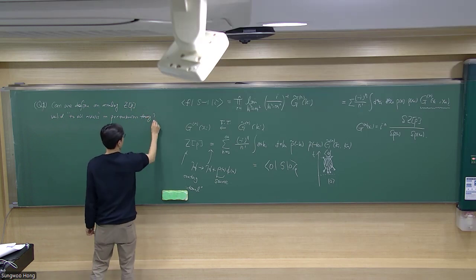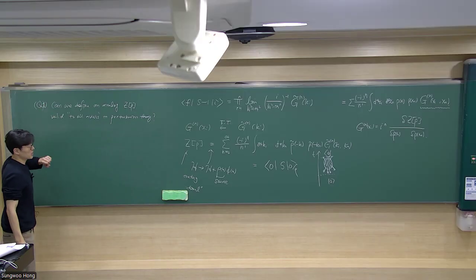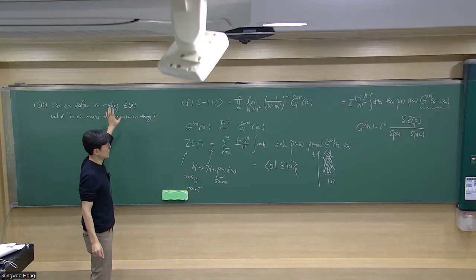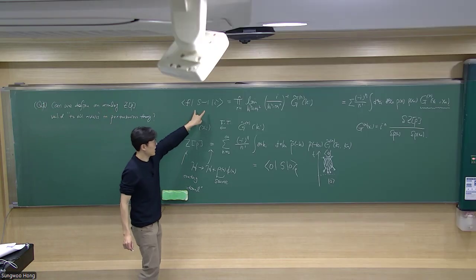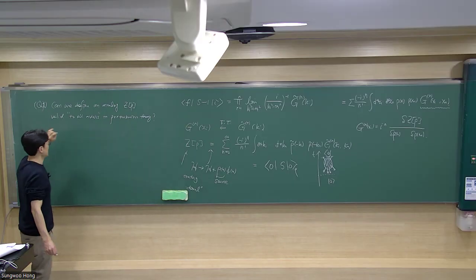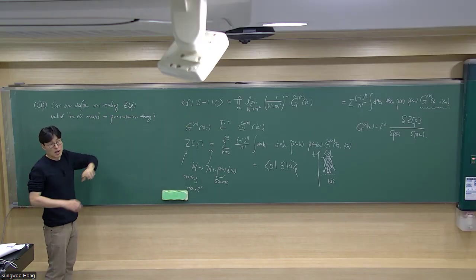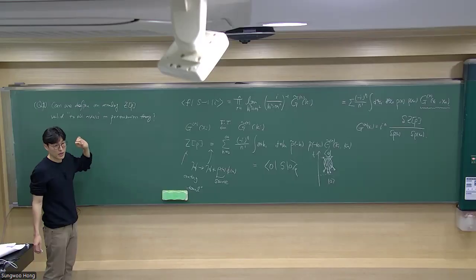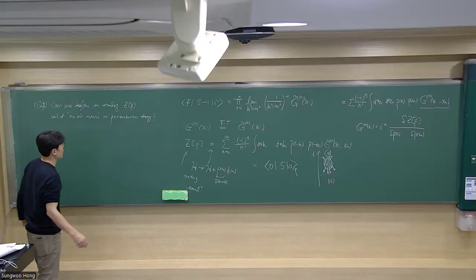I'm writing this question to make the difference sharp. Again, we developed this machinery based on tree-level intuition. Now I'm asking, is there an analog that is valid for an arbitrary interacting QFT, so not necessarily relying on perturbation theory?